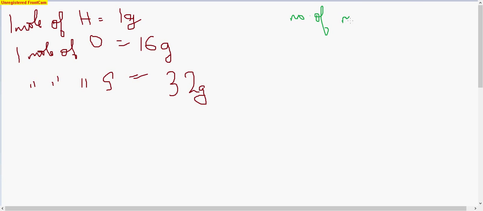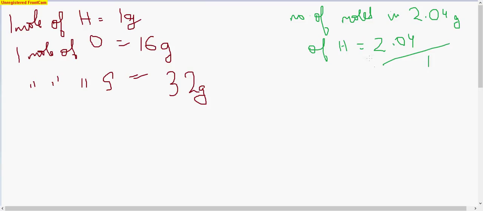We have how many grams of H? 2.04 grams of hydrogen. How many moles do we have? We have it as 2.04 divided by 1, right? We have the atomic mass as 1 gram.